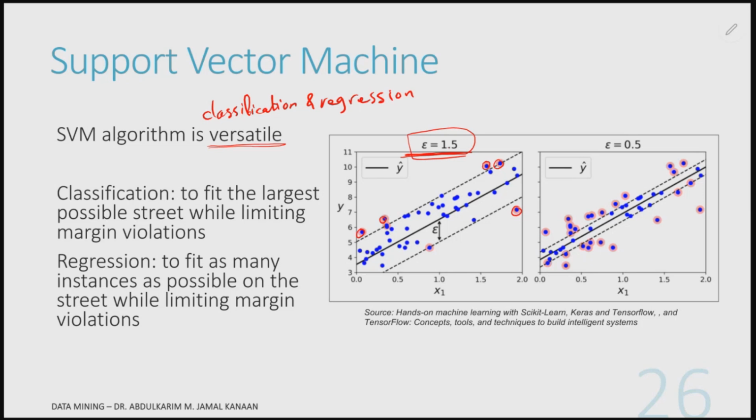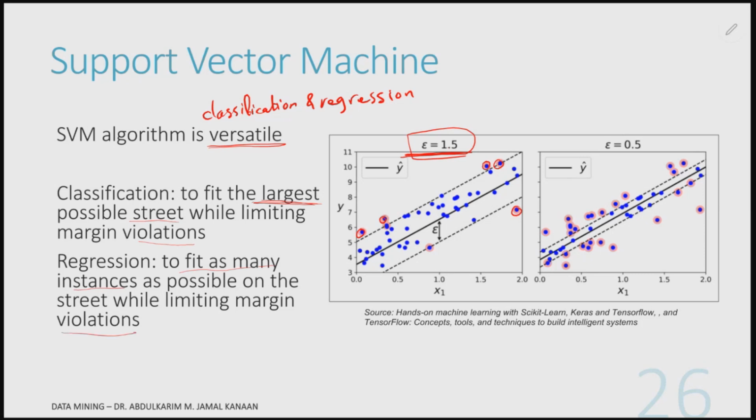So in classification, what you try to do is find the largest possible street while limiting margin violation. While in regression, you try to fit as many instances, meaning data points, as possible on the street while limiting the margin violation.